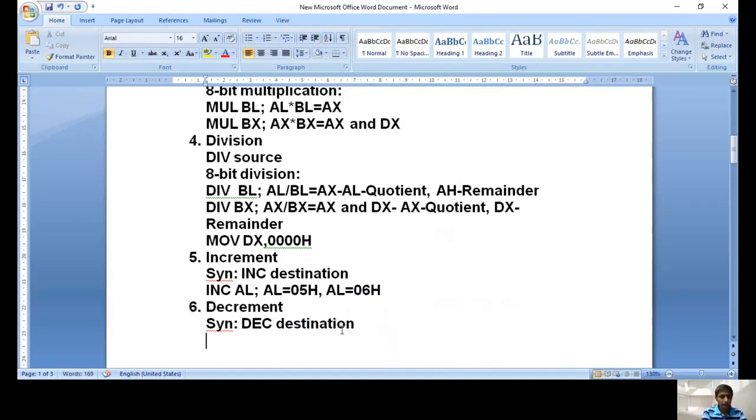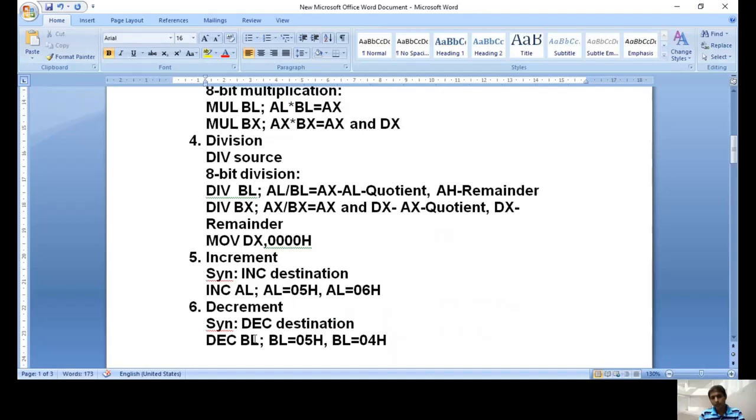For example, if I am writing DEC BL, assume BL is already 05H. If you perform decrement BL, then the BL content is decremented by 1. So 05H now becomes 04H. Like that, the content of the destination is decremented by 1 if you perform the decrement instruction.